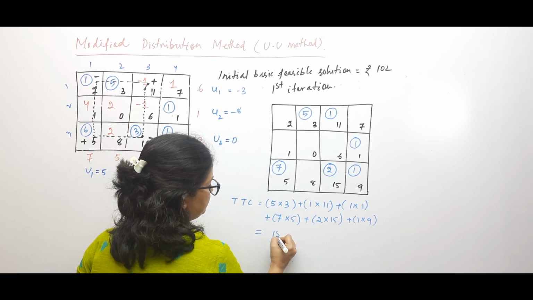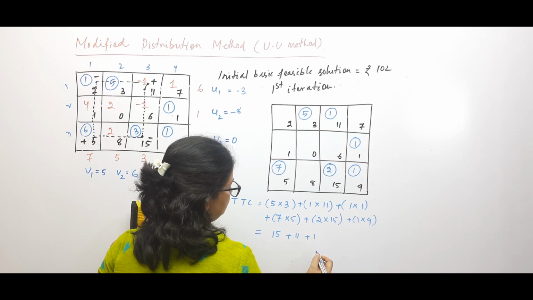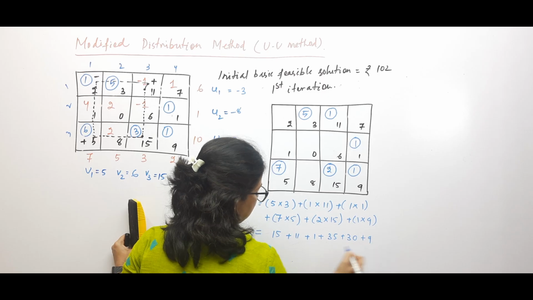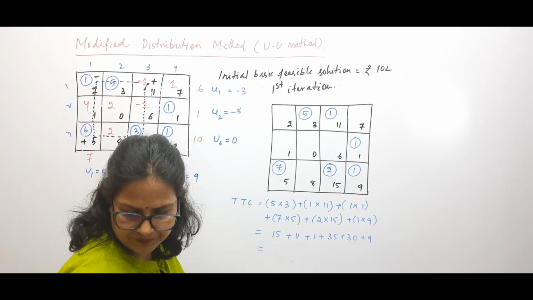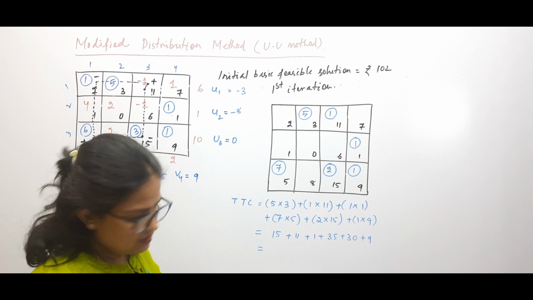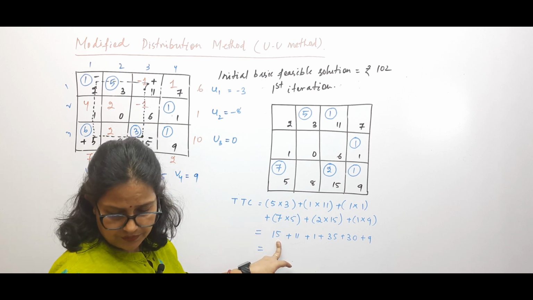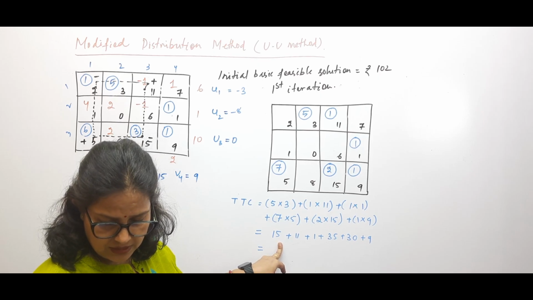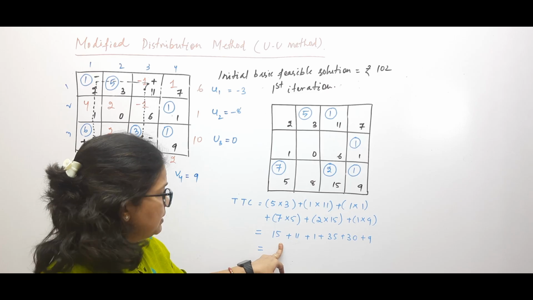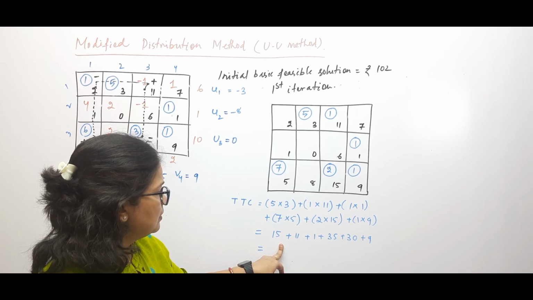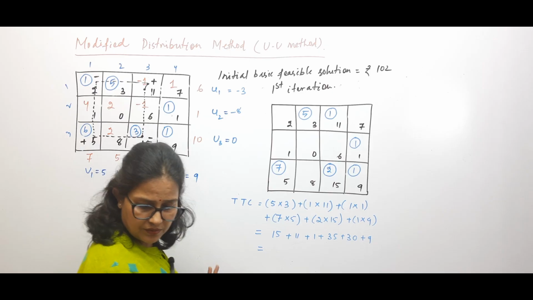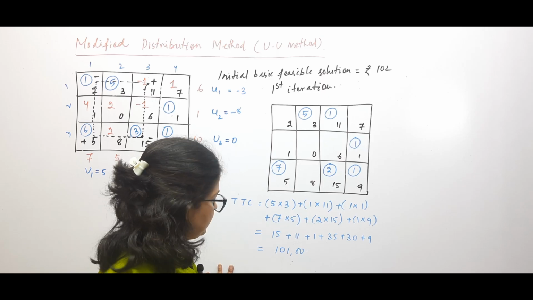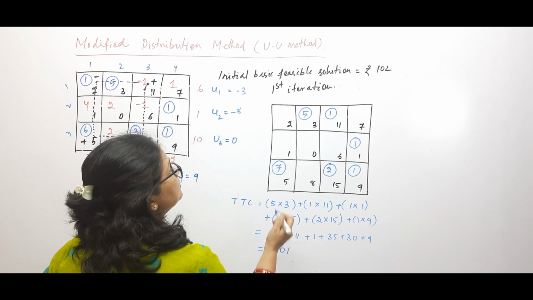This is equal to 15 plus 11 plus 1 plus 35 plus 30 plus 9, which is equal to 101. So the total cost is 101.